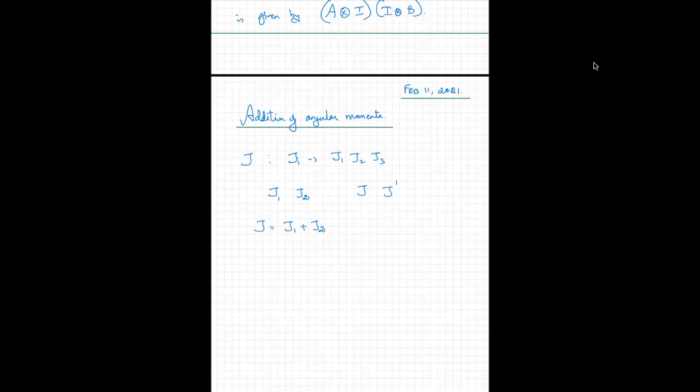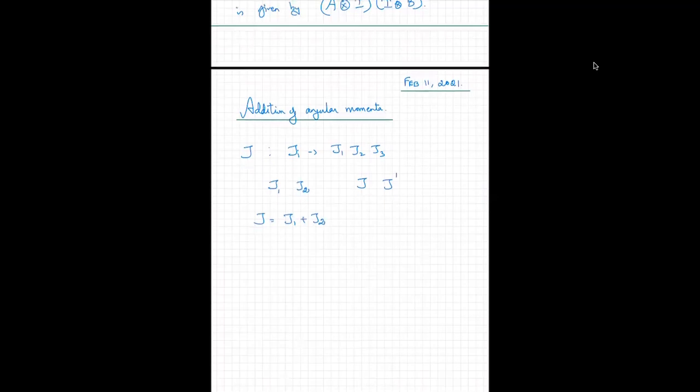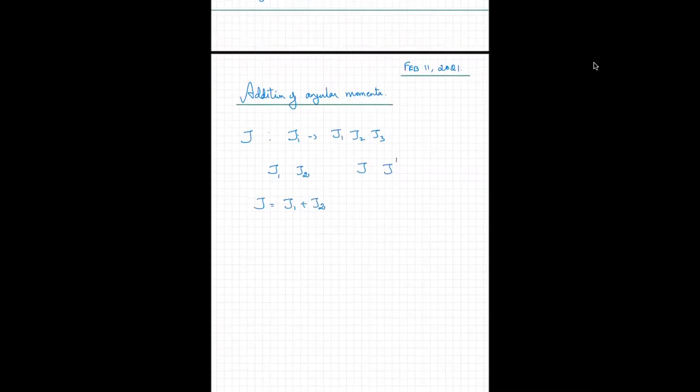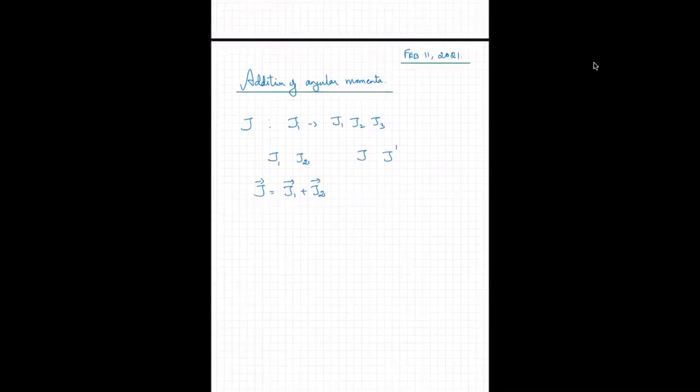Now this raises the question of how I write the components. J1 is a vector, J2 is a vector, and J is a vector. J1 has three components, 1, 2, and 3, and J2 has three components, 1, 2, and 3. If I just need a notation, that is not an issue, because I can denote the ith component of J1 by J1i, with i equals 1, 2, and 3.